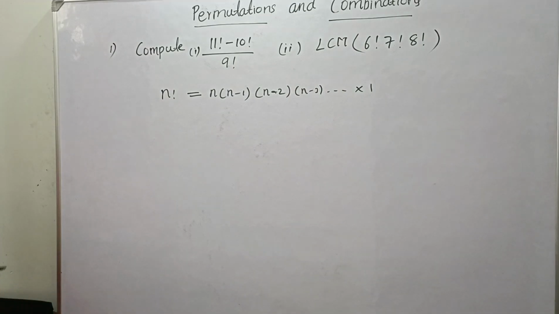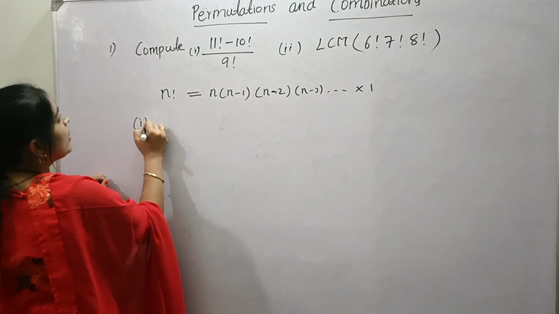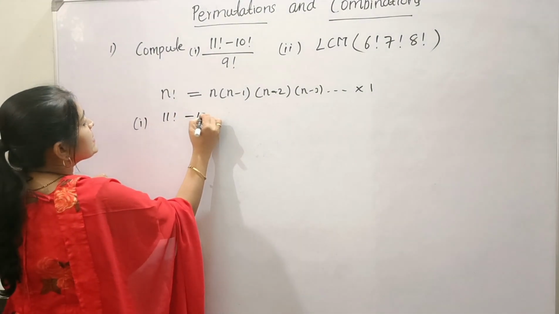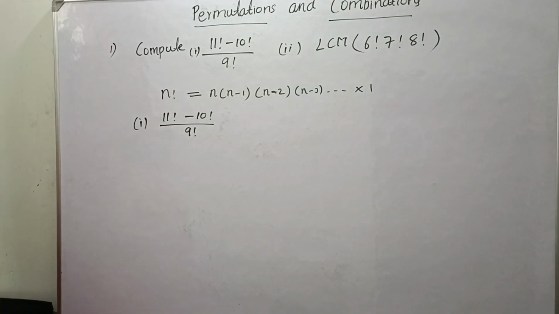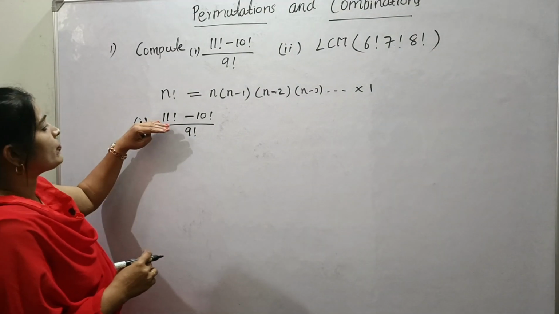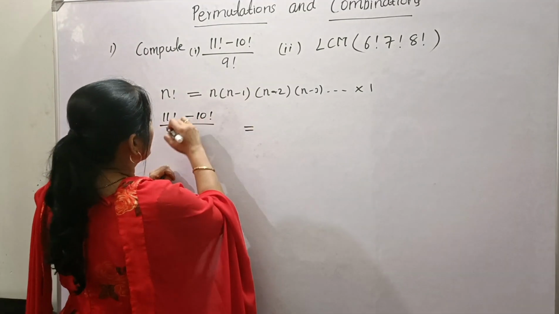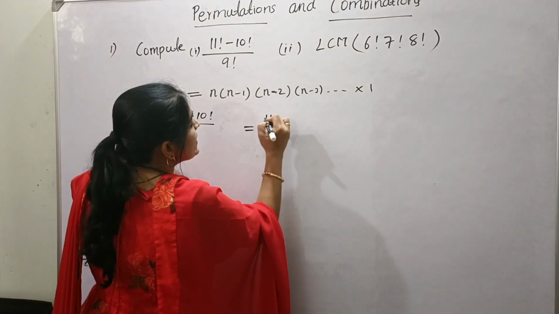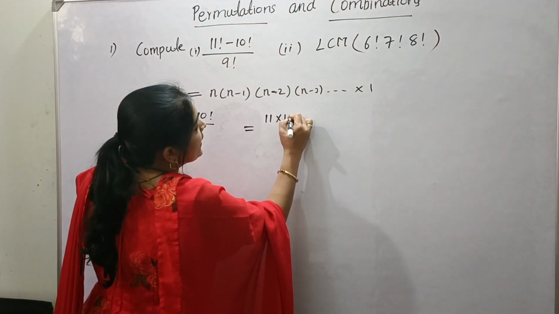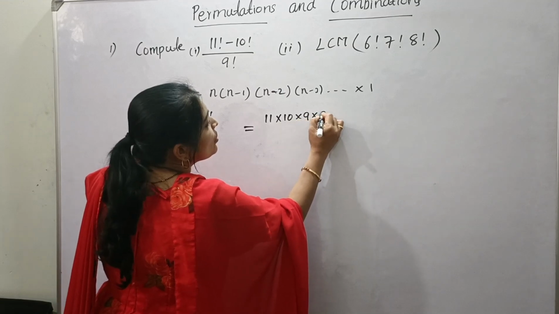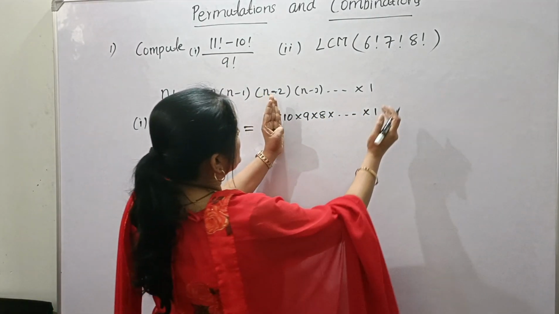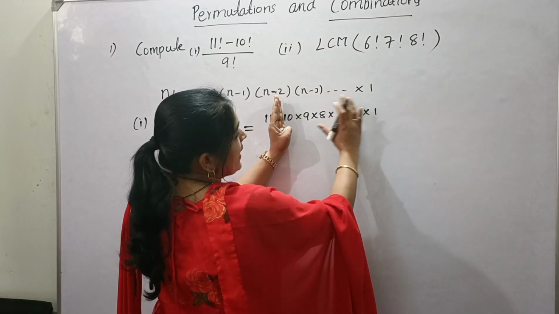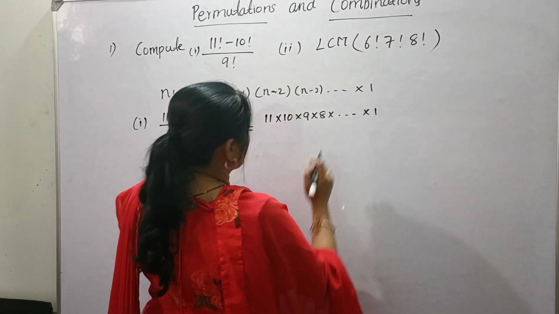So here first question is compute 11 factorial minus 10 factorial divided by 9 factorial. First of all, let us write 11 factorial. 11 factorial is nothing but 11 into 10 into 9 into 8 into etc. into 1. So up to 10, this can be written as 10 factorial, right?